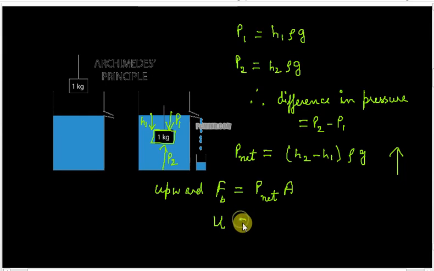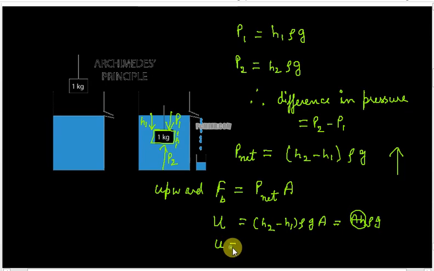So that is equal to P net into A, which means (H2 minus H1) rho g into A. If we consider this H2 minus H1 to be the total height of the object, H, I would write this as equal to A H rho g. And what is AH? Area into height is the volume of the object.